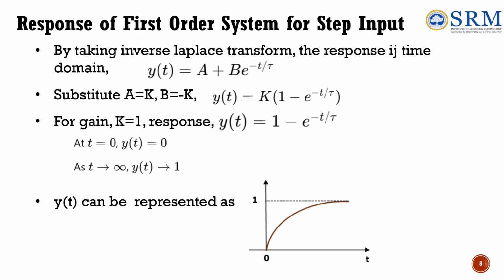For gain K equal to 1, the response y(t) is equal to 1 minus e raised to minus t by tau. So at t equal to 0, y(t) will be equal to 0, and as t approaches infinity, y(t) will be equal to 1. So we can represent the response of the first order system for step input as shown in the figure.